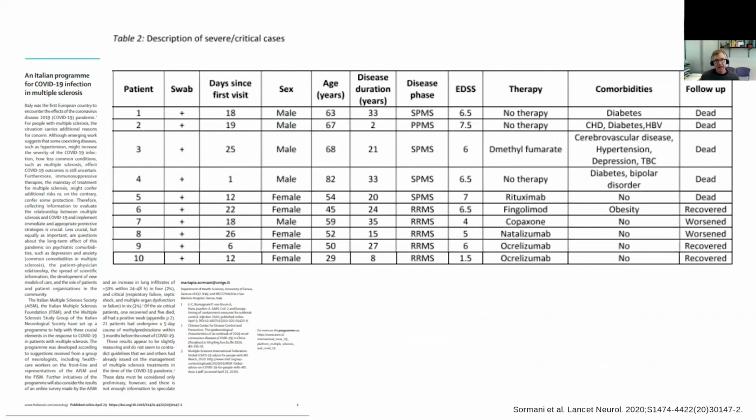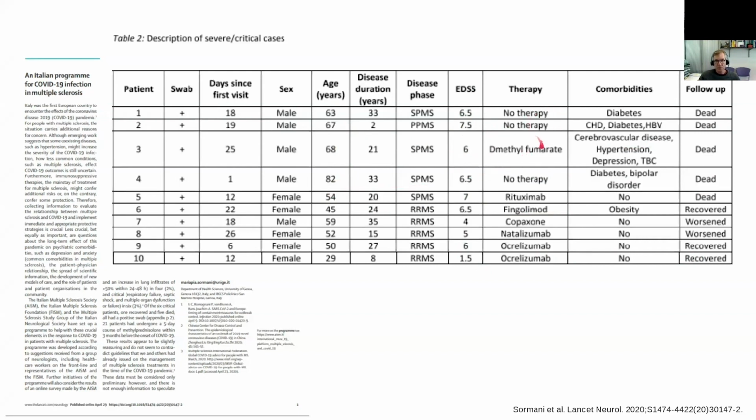Of the 10 patients that they classified as severe who went into intensive care, 5 unfortunately died, but you can see the 5 that died tended to be much older, with much higher EDSS scores. The deaths were all in the top of the table; you can see they're all high disabilities, 6.5 and above. Almost all of them were relatively old, with only one under the age of 60.